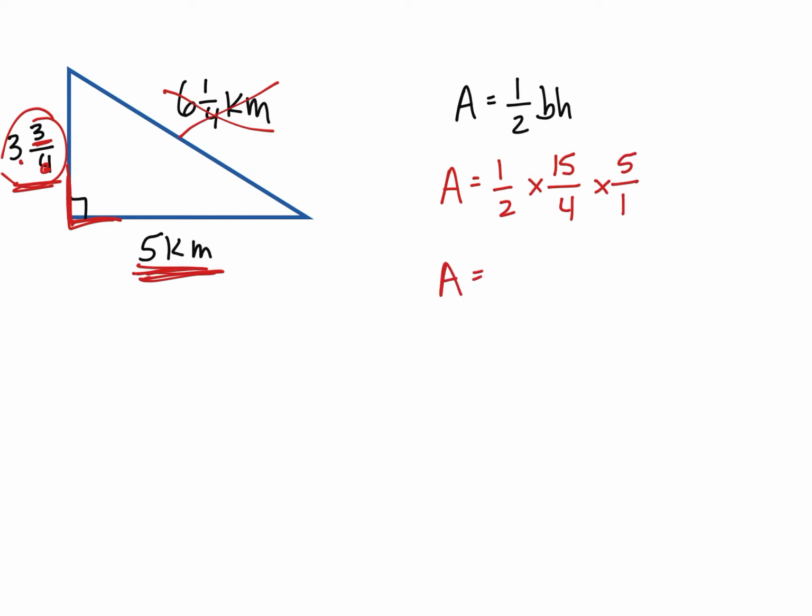So there are no factors we can divide out diagonally, so we're just going to multiply straight across the top. 1 times 15 times 5, which gives us 75 as our numerator, and 2 times 4 times 1 is 8 in the denominator.